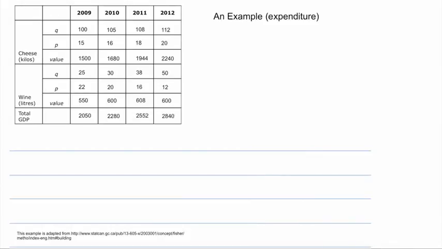So we have a series of numbers for GDP, one for each of those years. And those numbers are going to be given a special name. When we calculate GDP in this way, we're going to refer to that as the economy's nominal GDP.